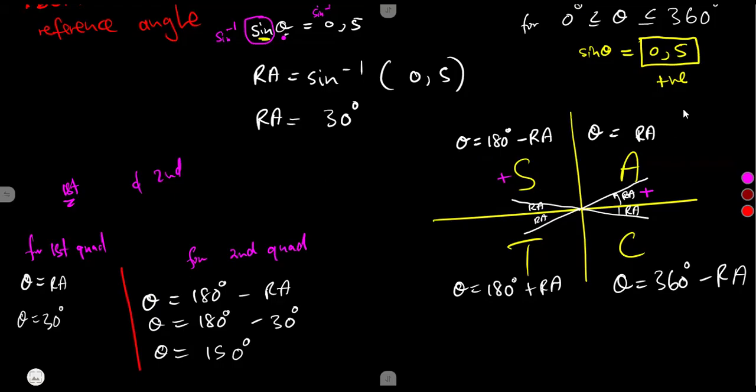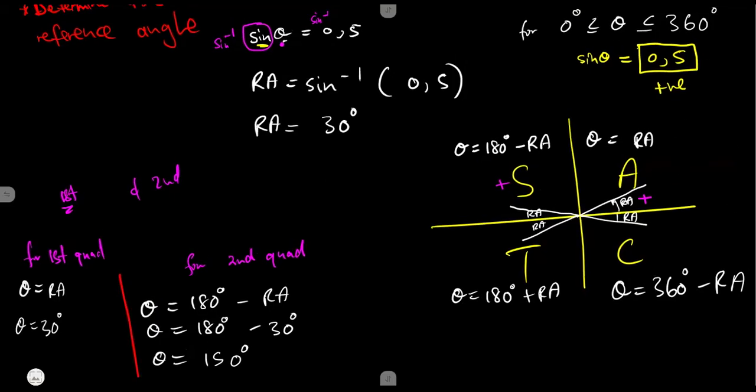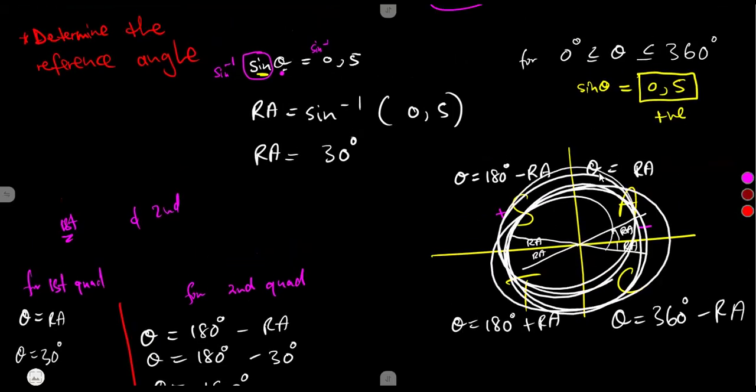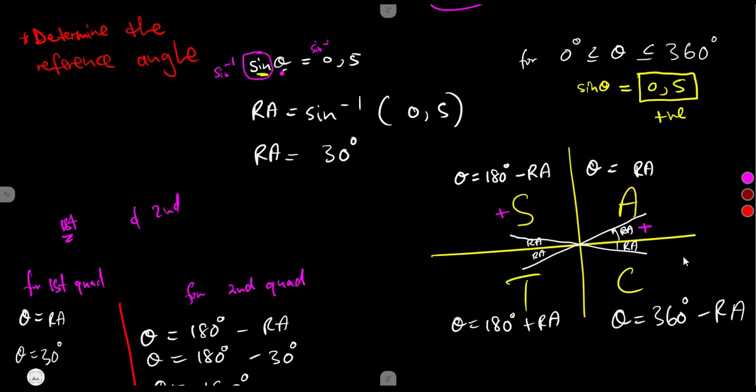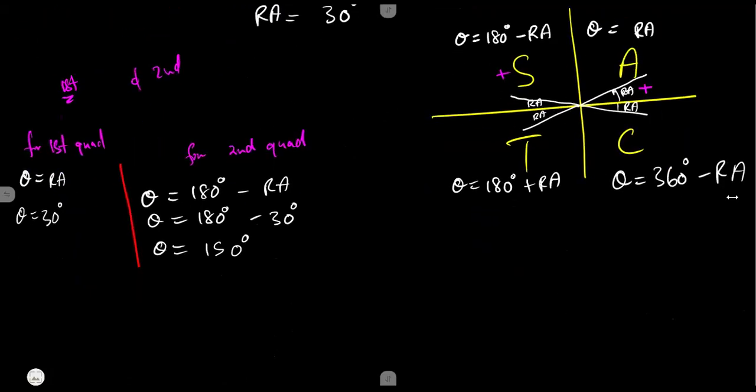So in this interval from 0 to 360 degrees, in this quadrant concept, sine is positive in the first and in the second. So therefore, these are the solutions that we have.